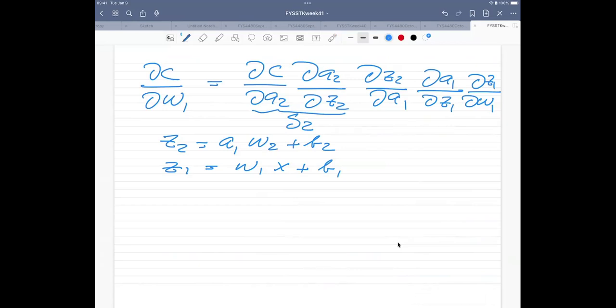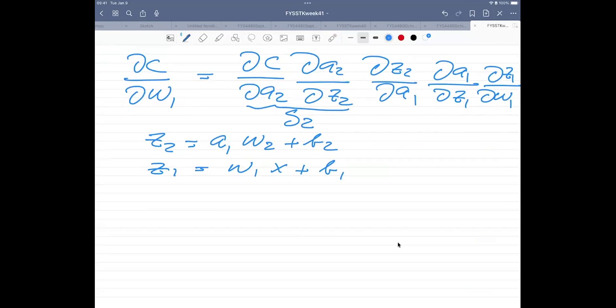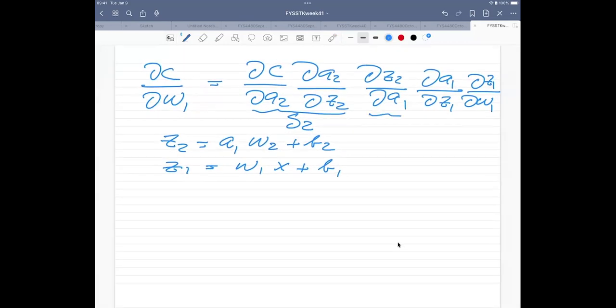If we now look at the expression dC2 with respect to A1, this is nothing but W2 there. So we take that derivative. Now, this next one is nothing but the derivative of the activation function in the hidden layer. And then we have the final one, dC1 with respect to W1, and that shouldn't come as a surprise. This is actually given by X.